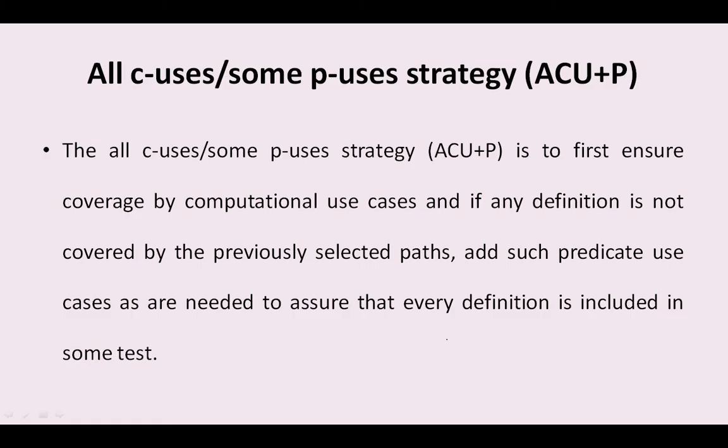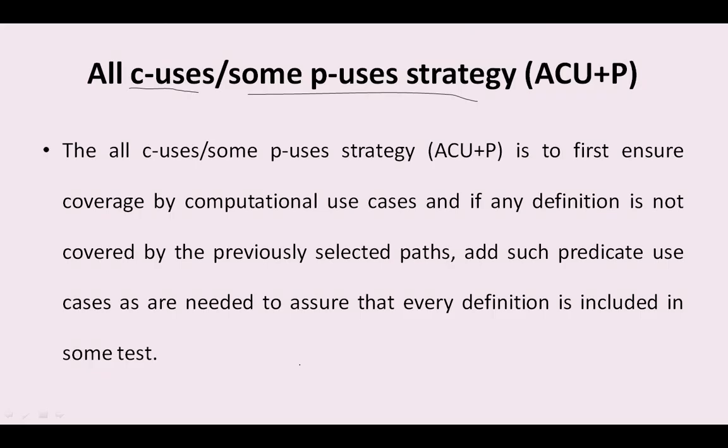Next comes the all-CU cases: all c-uses and some p-uses. That means whatever variable is defined must come under computational uses first. If it does not come under the computational uses, it must fall under the predicate uses strategy.